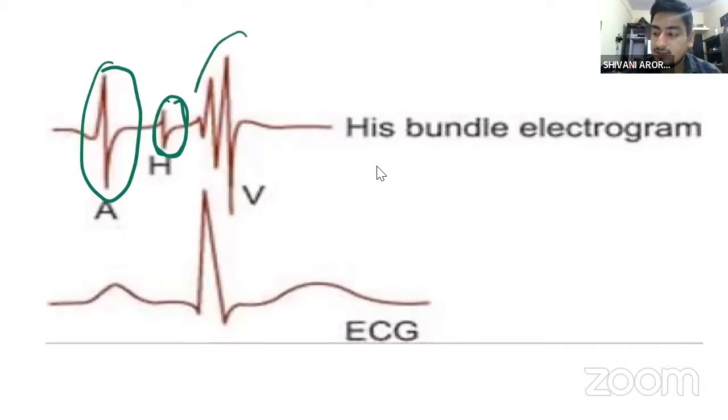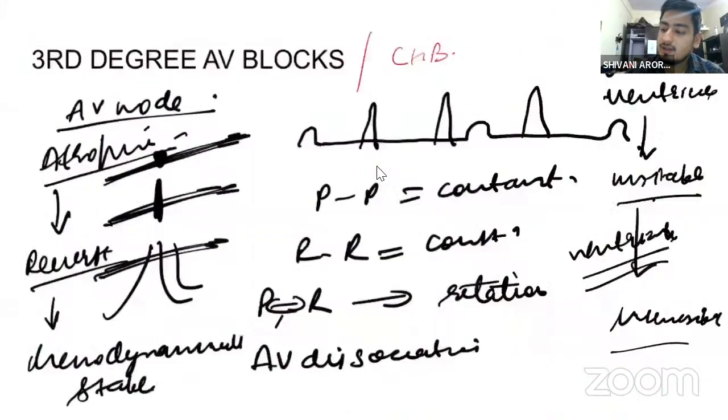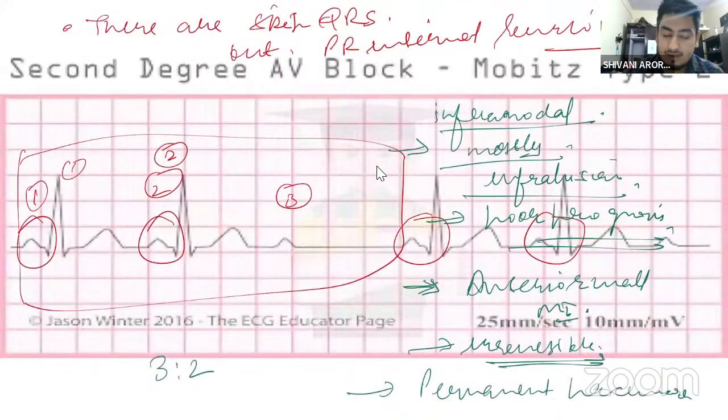And then we have this V complex due to depolarization in ventricles. Now suppose this is the ECG in which there is no QRS followed by a P wave. So now we have to know whether the block is at the level of AV node or below the level of AV.